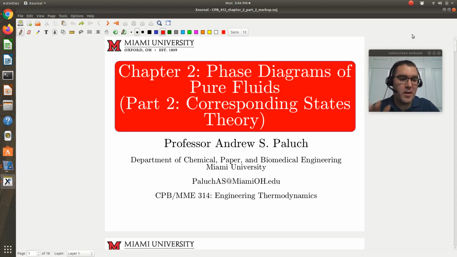I need to specify 2 intensive properties, at which point everything else is fixed. Our favorite properties to work with are pressure, volume, and temperature, because they're 3 quantities that I know, understand, and can readily measure. Those are going to be our favorite go-to intensive properties, and again, we only need to specify 2.